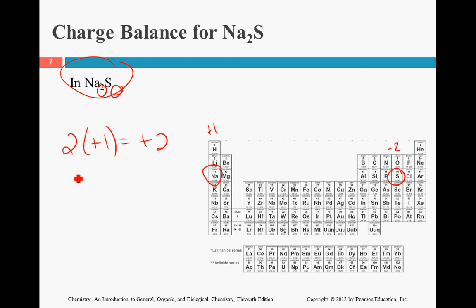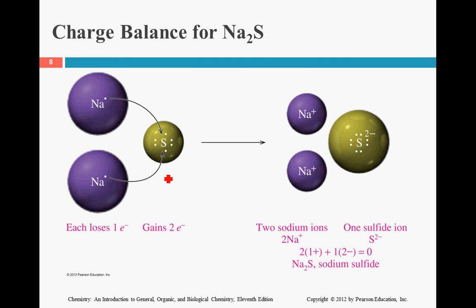There's no subscript here, so it's 1. It's a -2 charge, so 1 times -2 is -2. Add those together and it equals 0. The +2 and -2 cancel out. Here we go, the +1, we have 2 of them right here, and we have 1 -2. So that's going to cancel out.